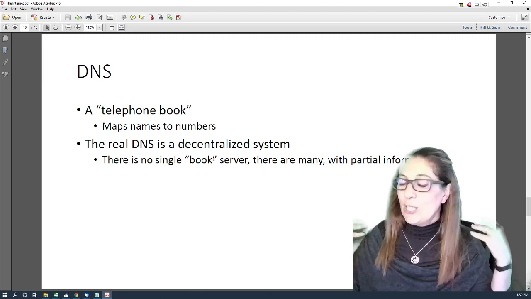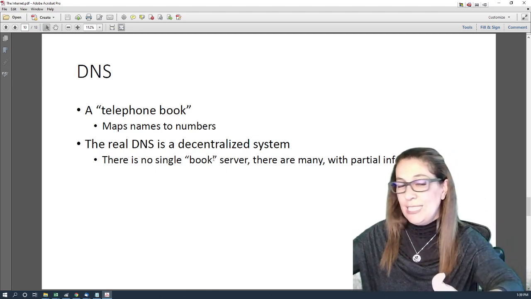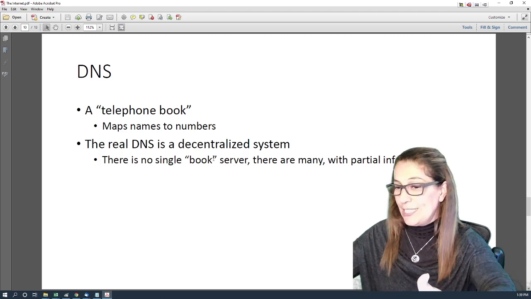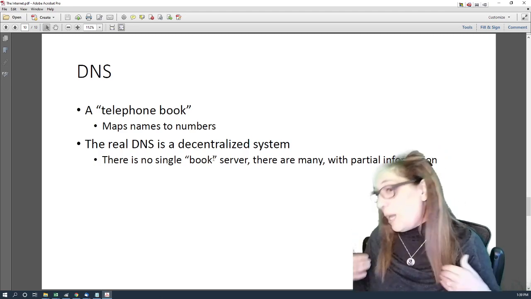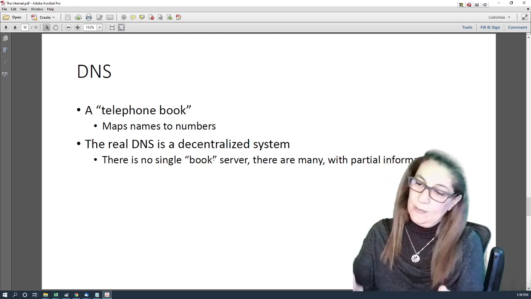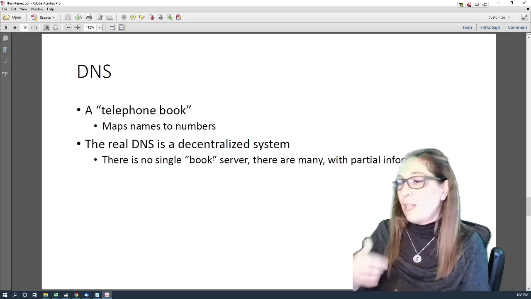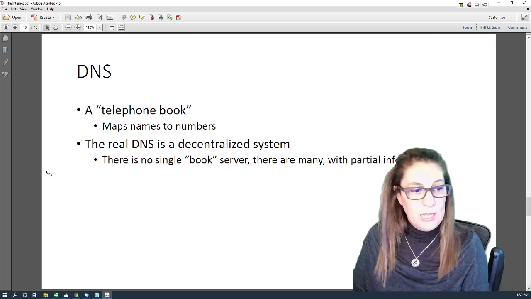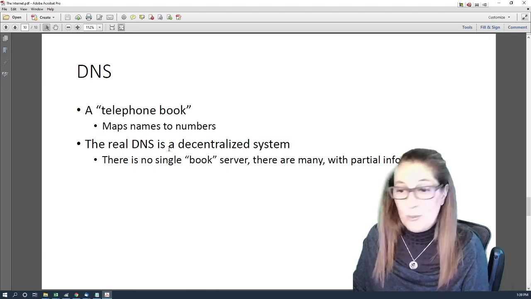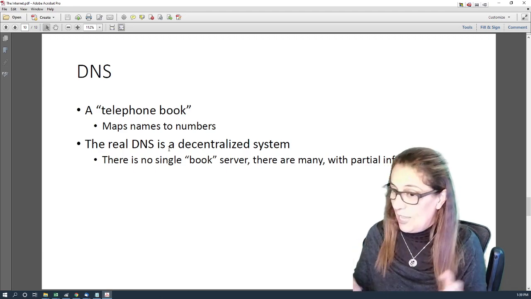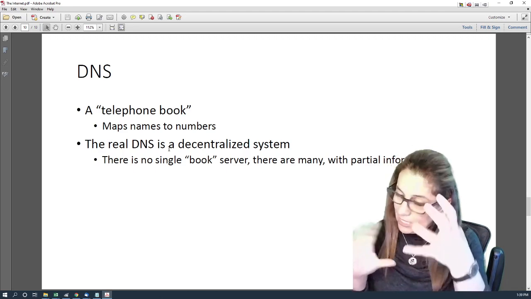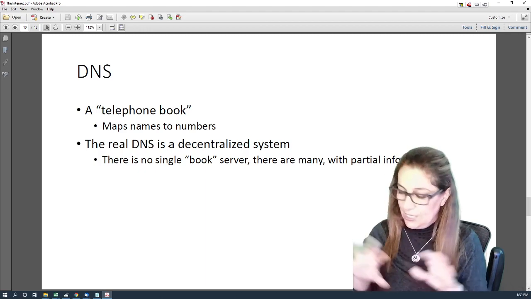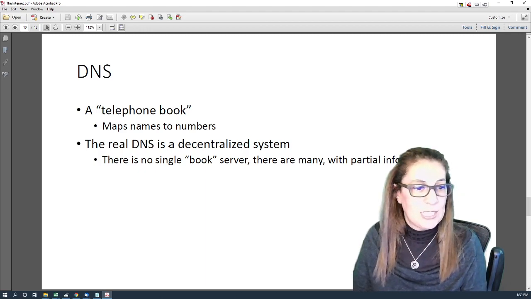People can send information to these DNS servers, and it can be looked up. They do two things: you can store information there, or you can look up information. And the real DNS is also a very interesting system. It's decentralized. It's not just a single central server that has all the information. It's many servers that have the information.